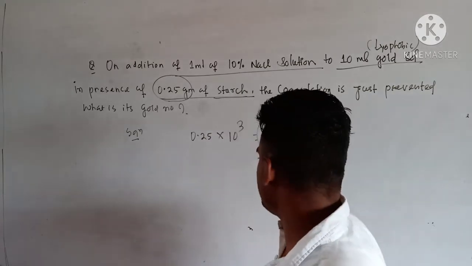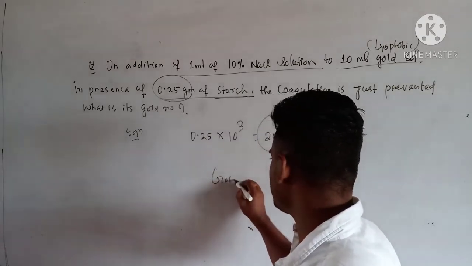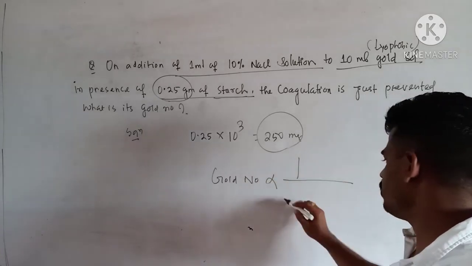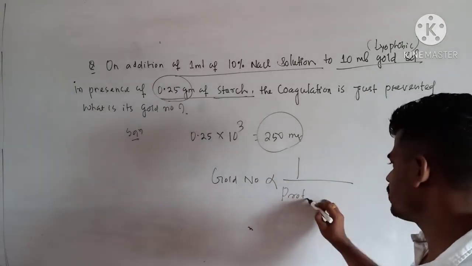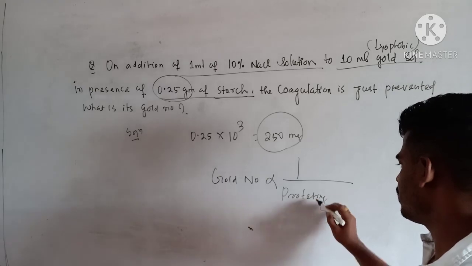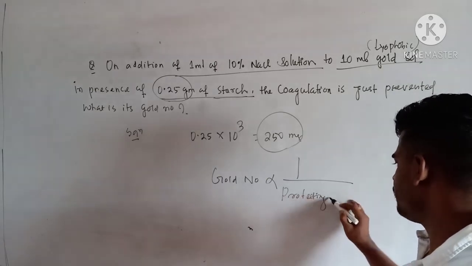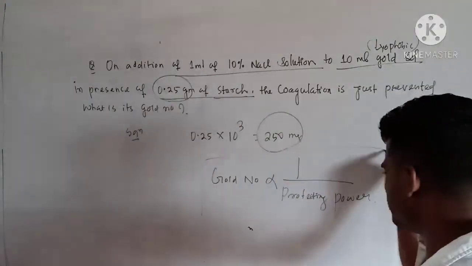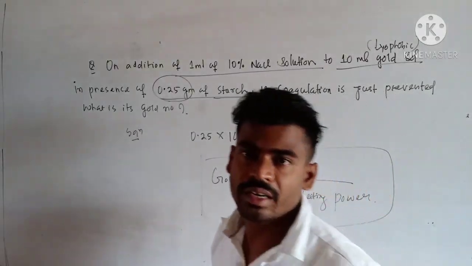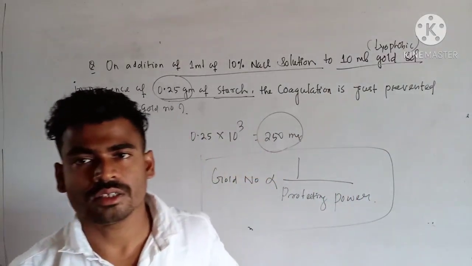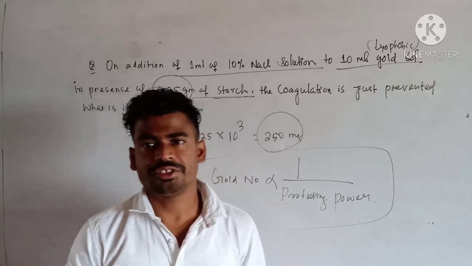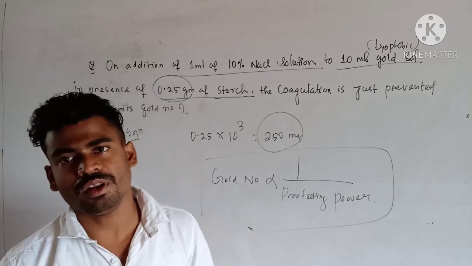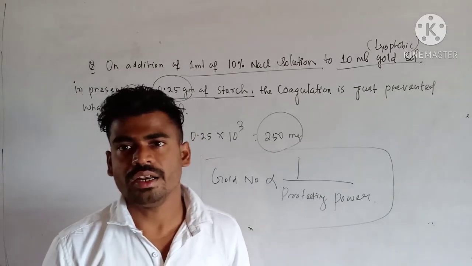So the relation will be like this, very important: gold number is inversely related to the protecting power. Okay. So with this I finish your chapter, that is surface chemistry. Hopefully you get it. Thank you for your kind attention. Okay.